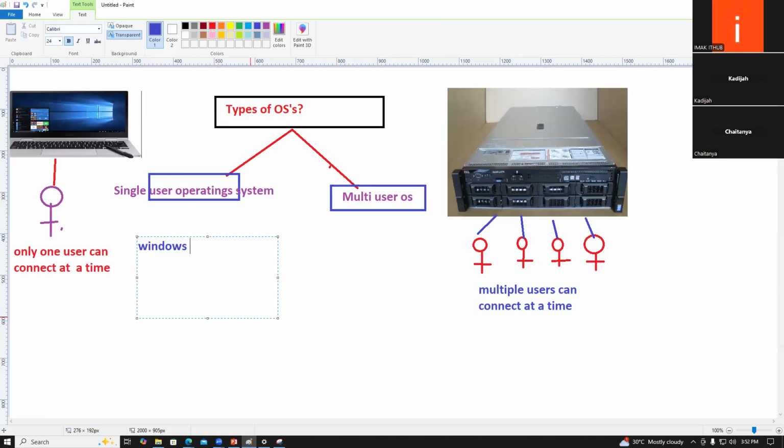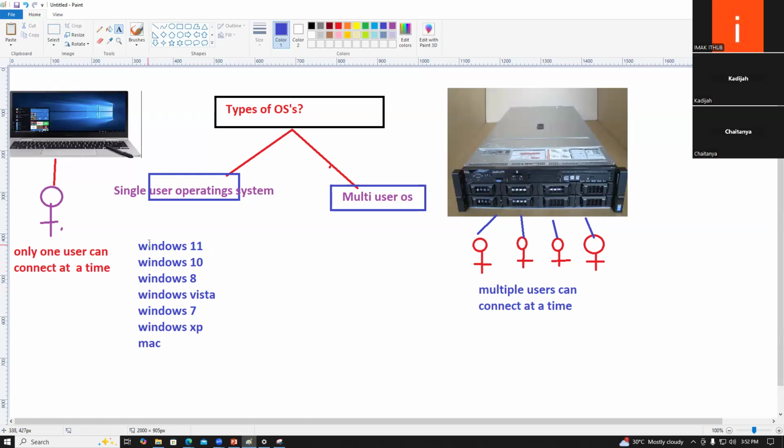Yes, Windows 11, Windows 10, Windows 8, Windows Vista, Windows 7, Windows XP. The other one, Macintosh, Mac also.